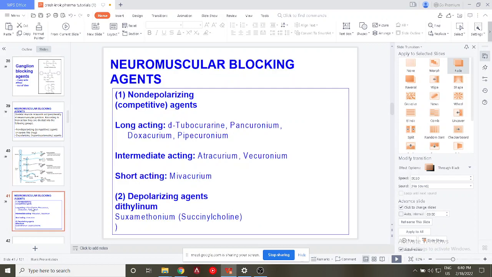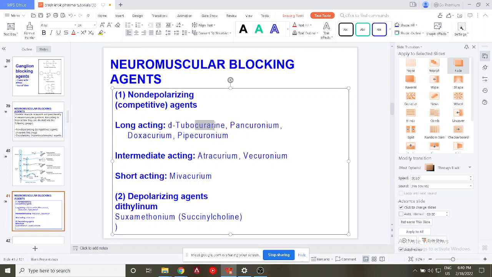Okay, I'm going to give you examples. Remember I talked about the curare drugs. Take note of tubocurarine. This is a very popular drug for KROK, very very popular. You're going to see tubocurarine or pancuronium or doxacurium or pipecuronium. They all have similar names, so it's easy to memorize them.